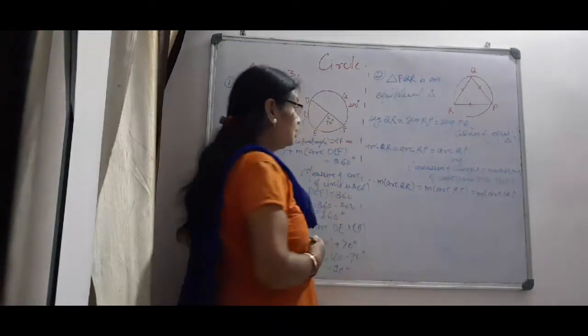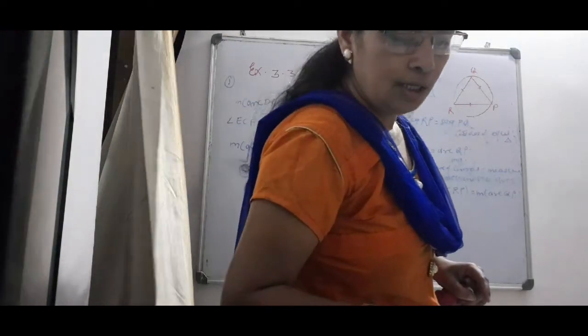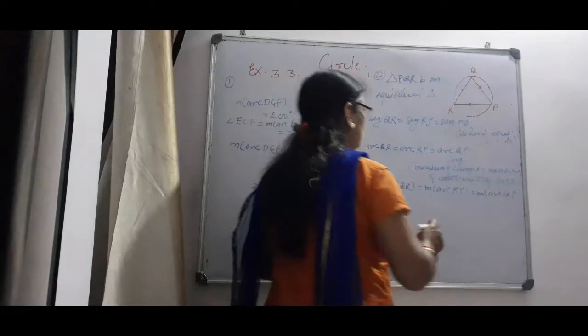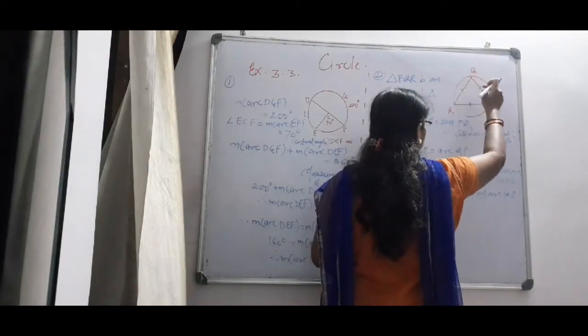That is the first problem. Now in the second, what you have to find out is that the measure of arc QRS is 240.